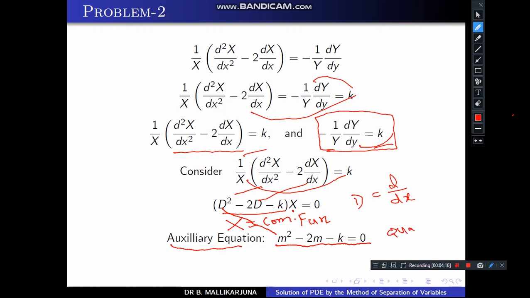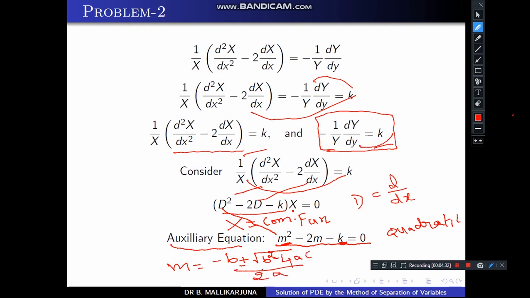Now this is a quadratic equation. We have to solve for m, and we don't know what the k value is, so obviously we have to follow the formula minus b plus or minus square root of b square minus 4ac by 2a.